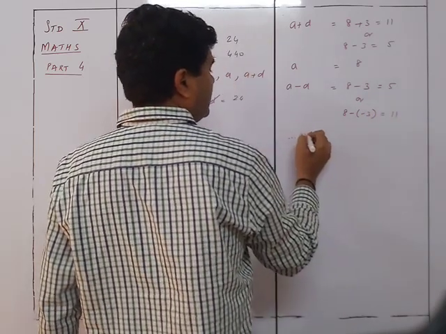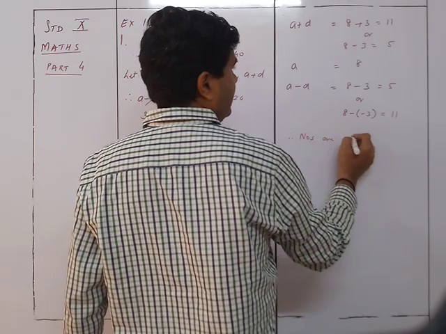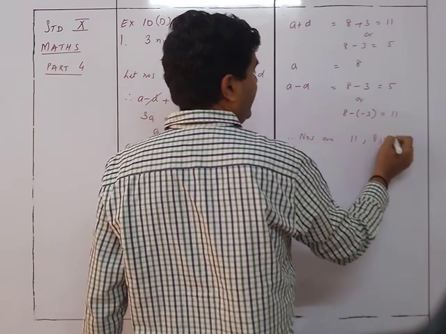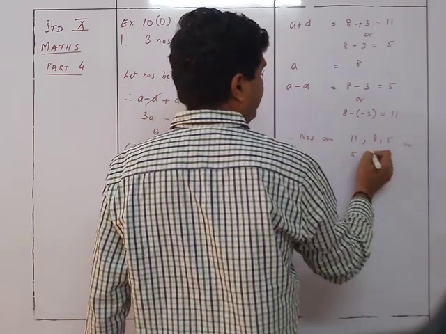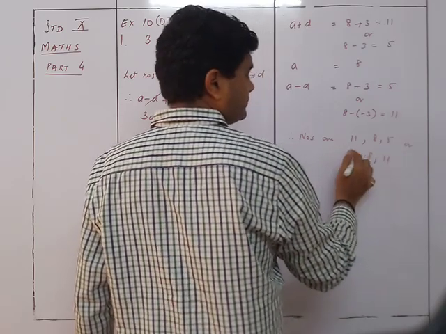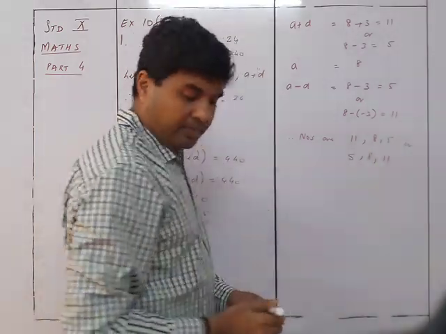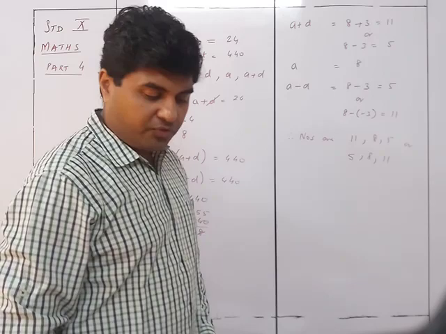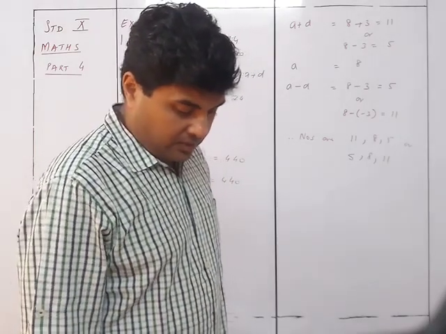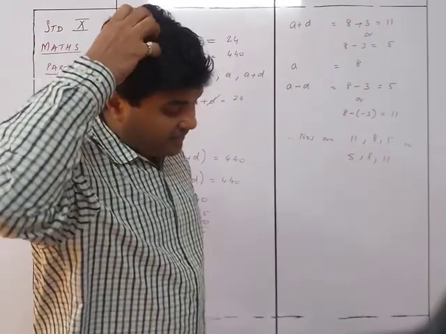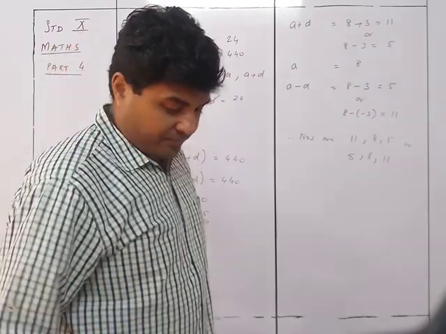Therefore, the numbers are 11, 8 and 5, or 5, 8 and 11. Because they are in AP, I can write in both the forms, that is 5, 8 and 11, or 11, 8 and 5.